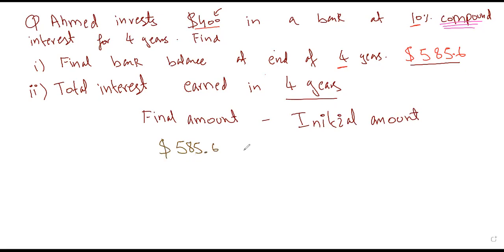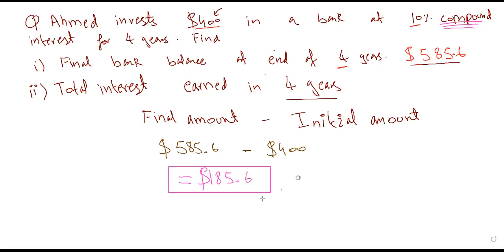So what do we get as our answer? 185.62. Very good. This would be the interest earned in 4 years, right? Anything that you have not understood? No, ma'am. Okay, perfect.